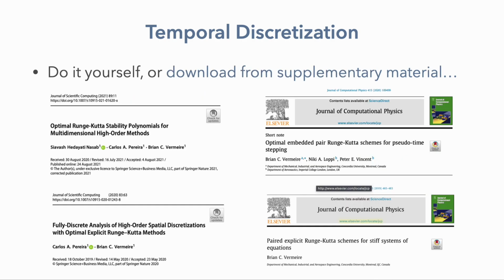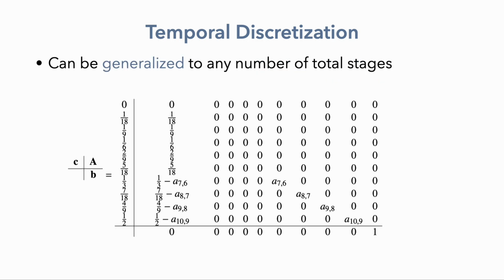So if you want to do this optimization, you can do it yourself, or you can just download this from the supplementary material of several of our papers. We've included all of these stability polynomials for FR and by extension DG schemes. A couple of notes. I've shown this as an example for a 4-stage with 4, 3, and 2 active stages, but this can be generalized to any number of stages.